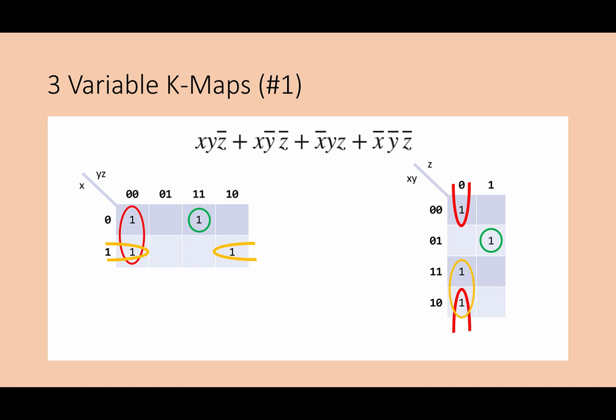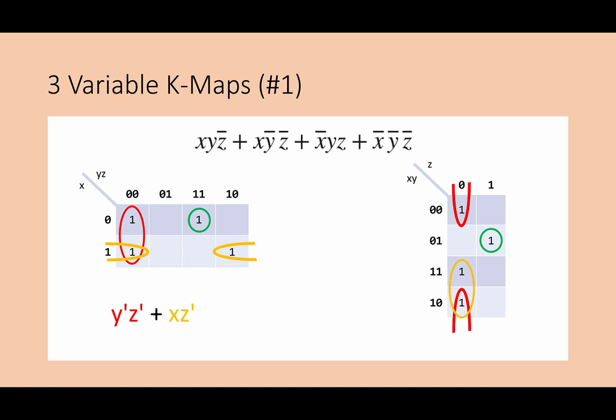Okay, if we take a look here at the red, you can see that Y and Z, when they're 0, Y bar, Z bar, X doesn't matter. Whenever you have Y at 0 and Z at 0, hence we have Y bar and Z bar, then X doesn't matter. So that red circle reduces to that. Or it reduces to this, which is in the case of the yellow.